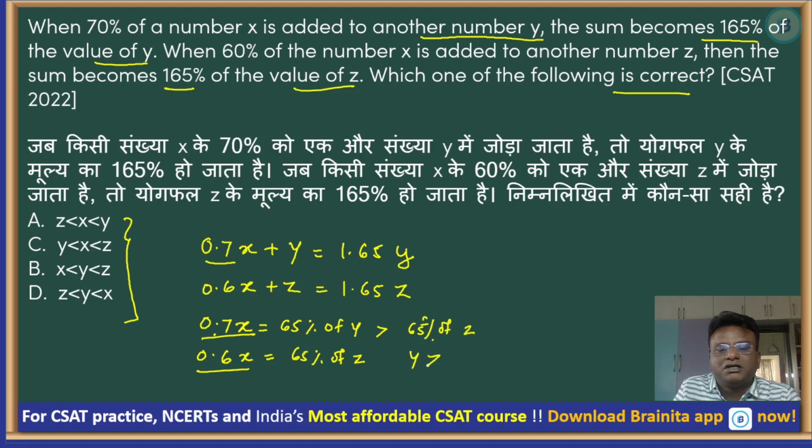That means y is bigger than z. This one we got, y is bigger than z. Let me immediately check the options. I am getting A, and right. So I have to find out about x. Okay. Now to find x, understand this. Let me draw a diagram here for simplicity.